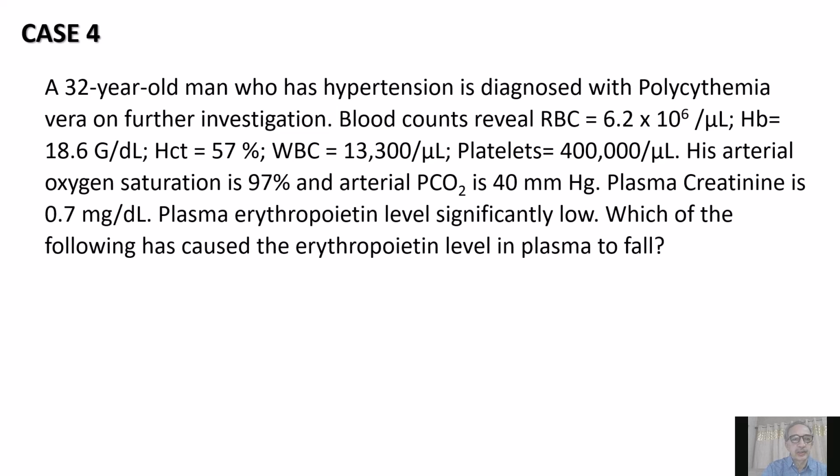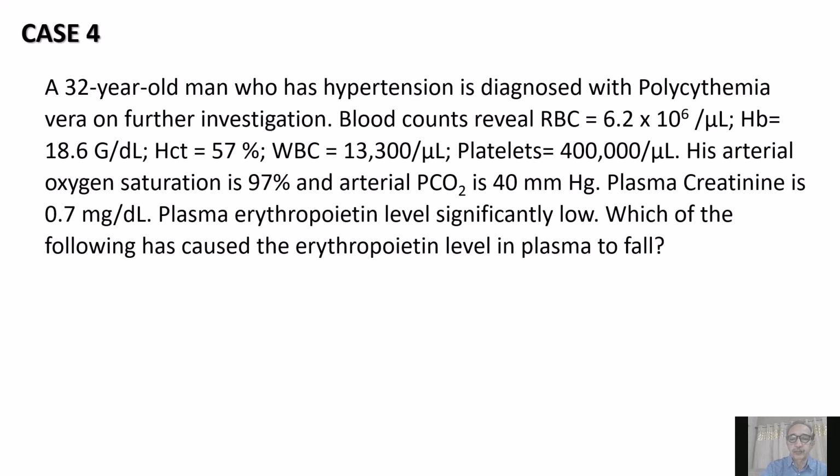Blood counts indicate polycythemia. His arterial oxygen saturation is 97, so it is again a primary polycythemia. PCO2 is normal, 40. Creatinine is normal, 0.7 milligrams per deciliter, so the kidney is normal. Plasma erythropoietin level is significantly low.